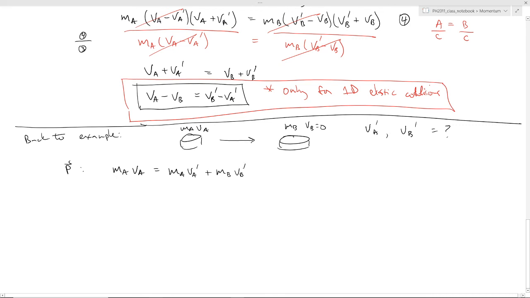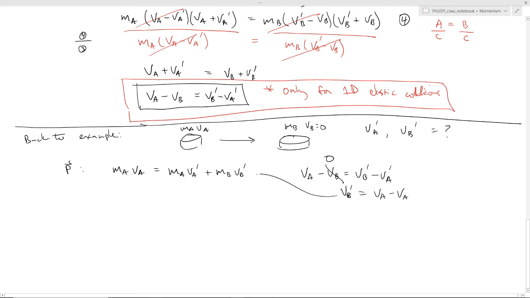Look what we can do here. This relationship that we just derived, VA minus VB equals VB prime minus VA prime. We can notice VB was 0. So we can immediately come up with an expression for VB prime. Before, we had that big thing that we substituted in. Here, we can say VB prime is equal to VA minus VA prime.